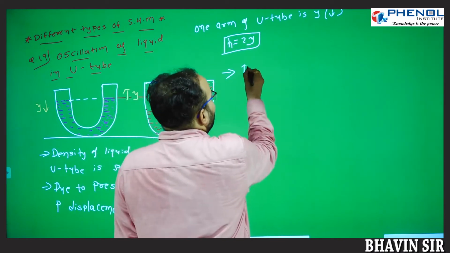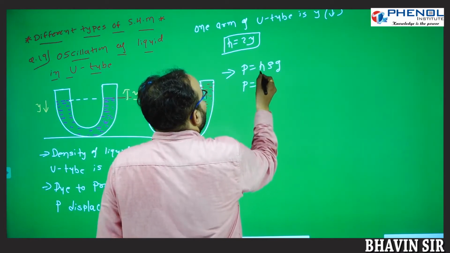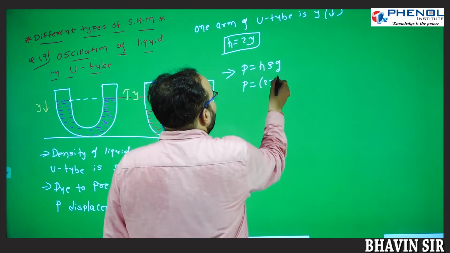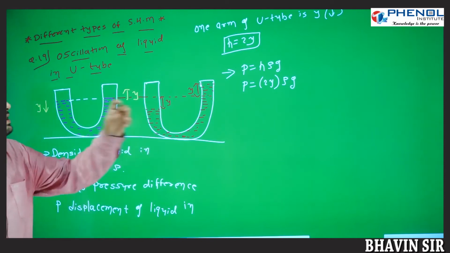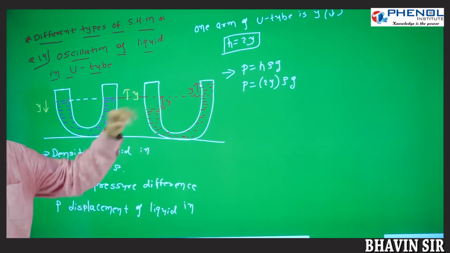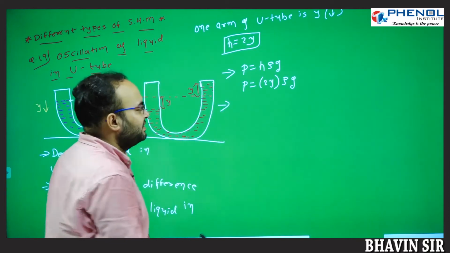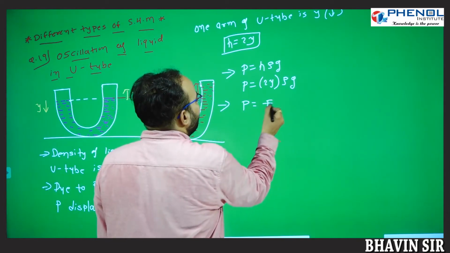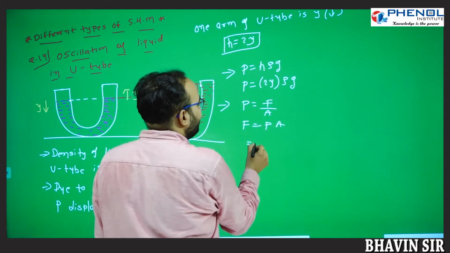The formula is h rho g, where rho is the density of liquid and h is the height difference, 2y. Now pressure is equal to force by area, so force is equal to pressure into area.